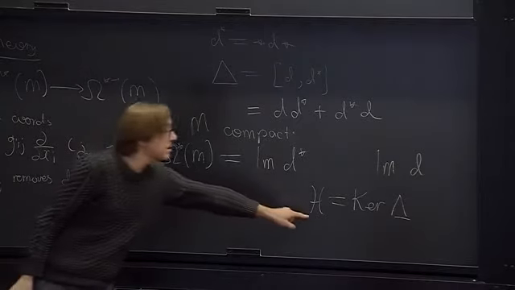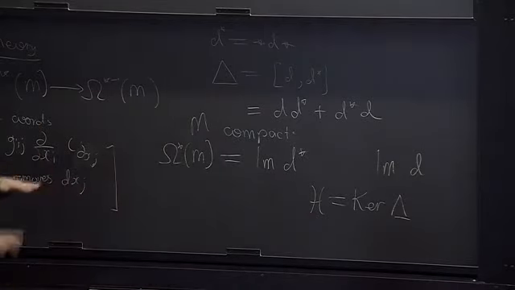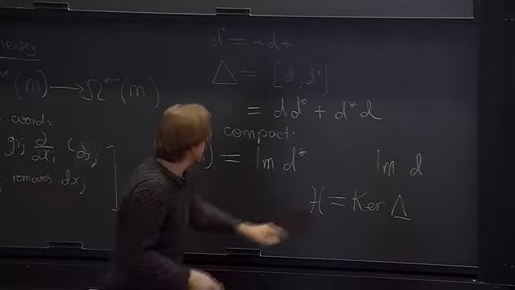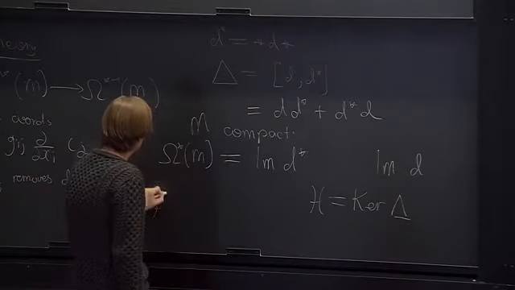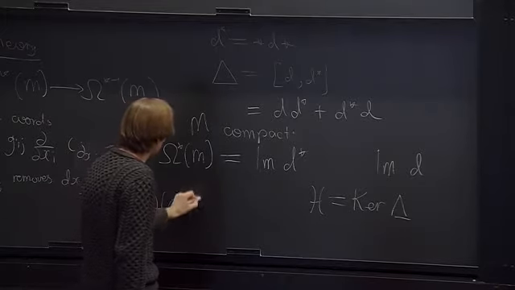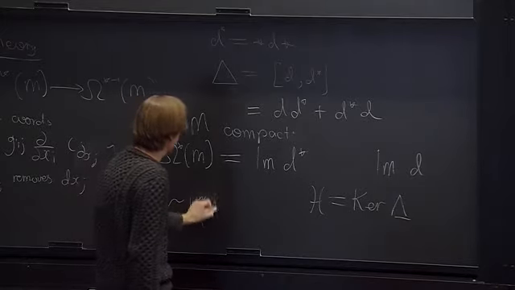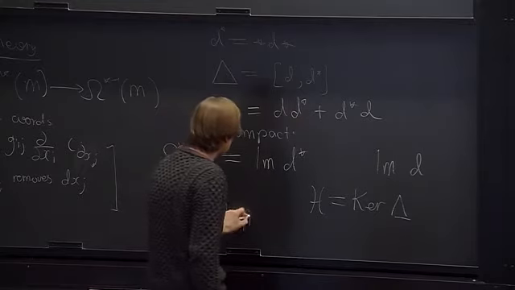Harmonic really means that if you work in local coordinates, the coefficients look like they're harmonic. So this space of harmonic forms is isomorphic to the cohomology of M, and it's finite dimensional.